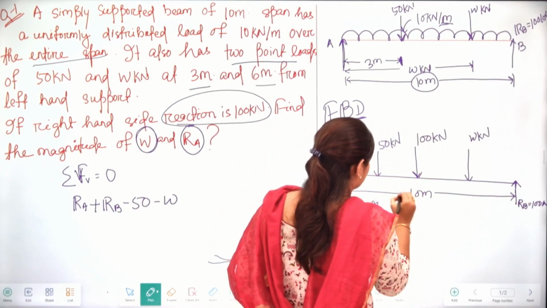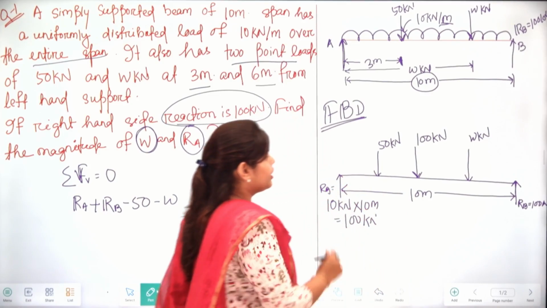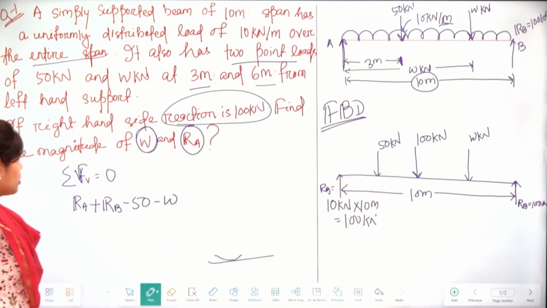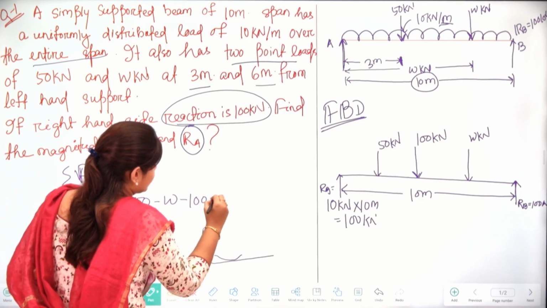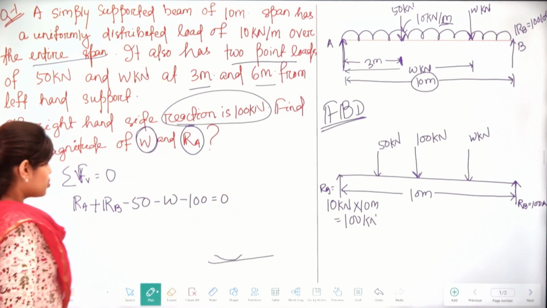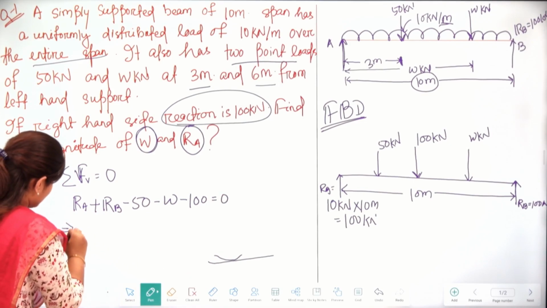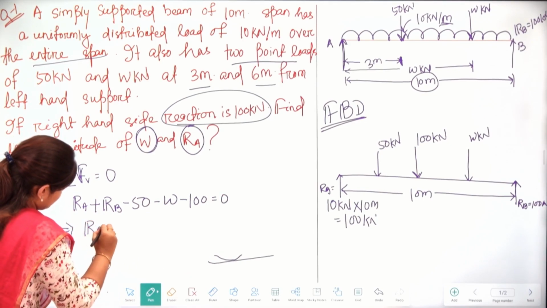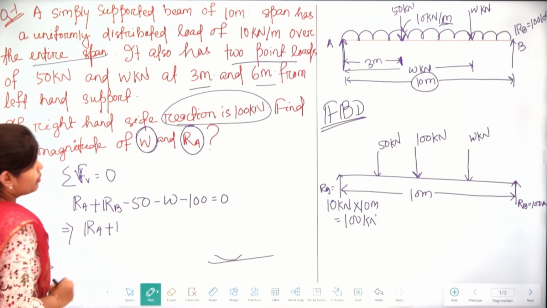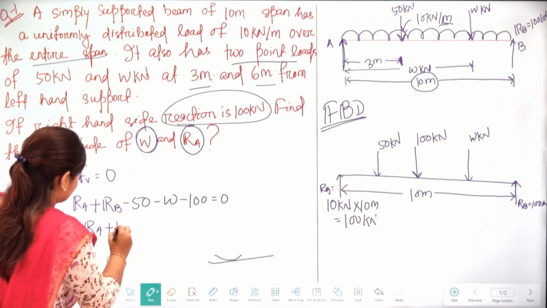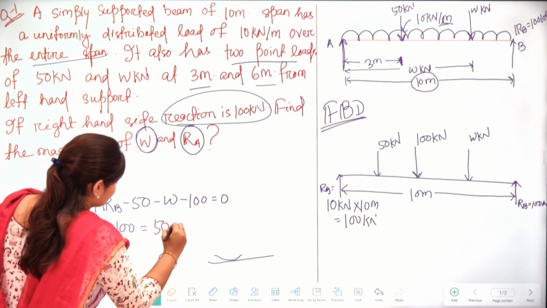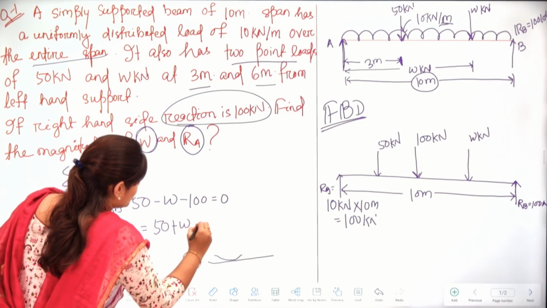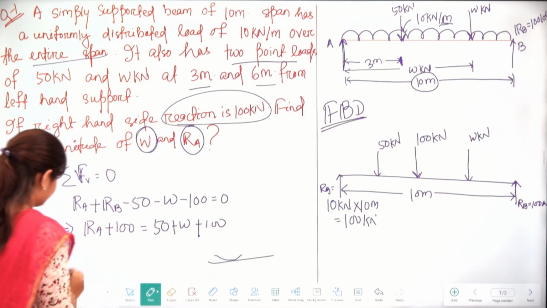Now we will find out the W value and RA value from this. So here we have minus 100, that is equal to 0. So we can write RA plus RB, and in case of RB we can write 100, is equal to 50 plus W plus 100.